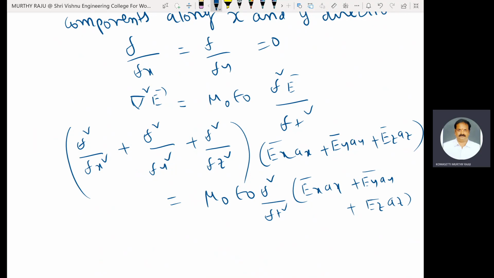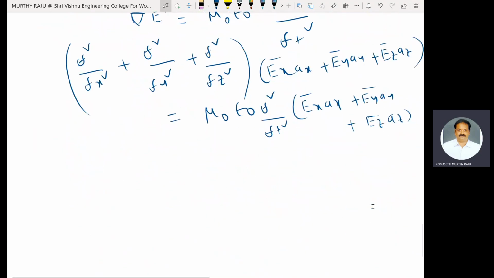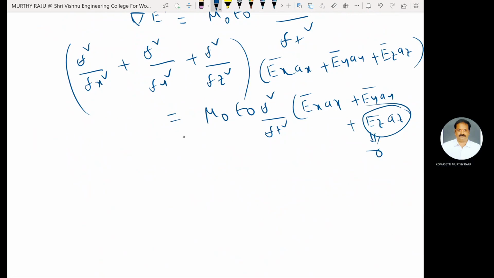But the wave is propagating along the z direction, so Ez is equal to 0. Here Ez value is 0, this term is 0. Here variations, that means dou by dou x is equal to 0, dou by dou y is equal to 0. This value is 0, this value is also 0.